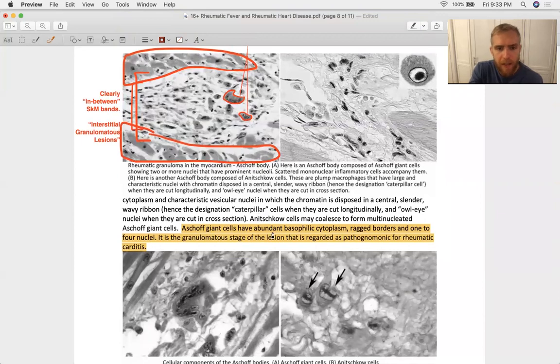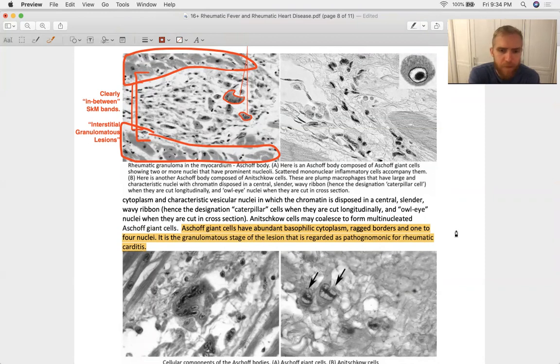So Aschoff giant cells are basophilic, and anything that's basophilic has a lot of nuclear components to it, DNA or RNA. And it makes sense that these giant cells have a lot of RNA inside them because they're basically a syncytium or a fusion of cells.